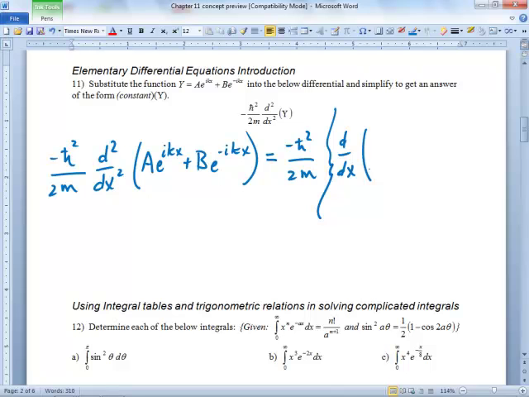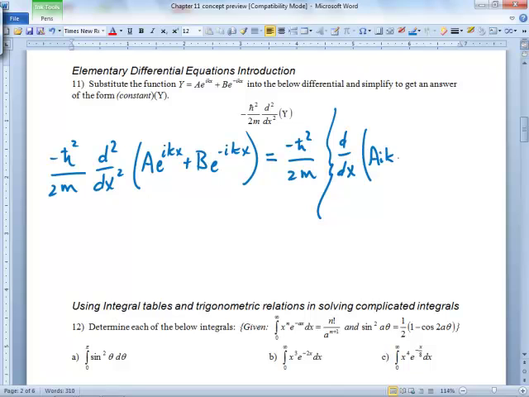A and B, they didn't say, but A and B's are just numbers. So what's the derivative with respect to x of ae to the ikx? It would be what? Yeah. A e to the ikx times the ik. Let's just bring the ik out with the a.